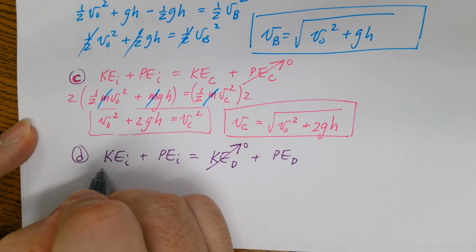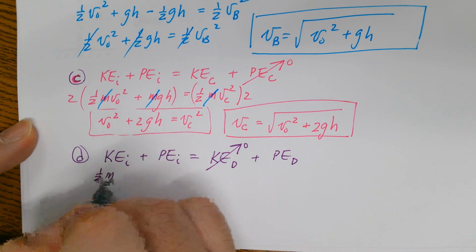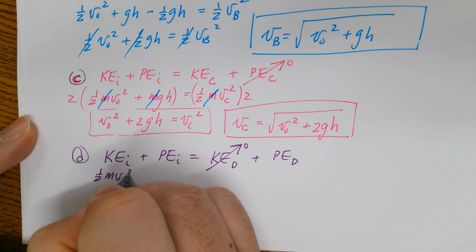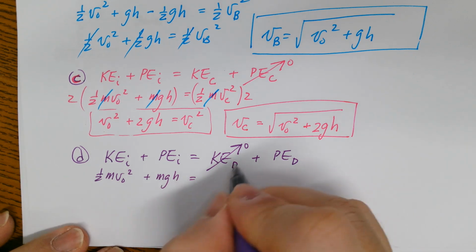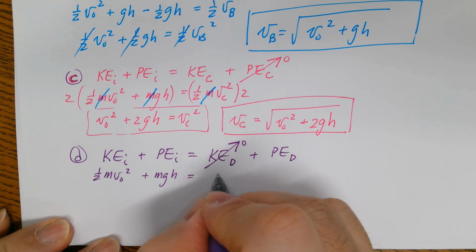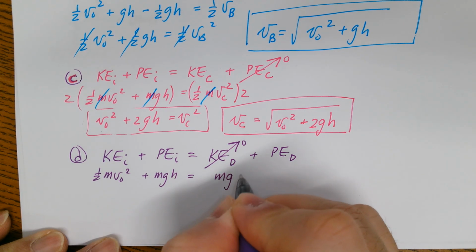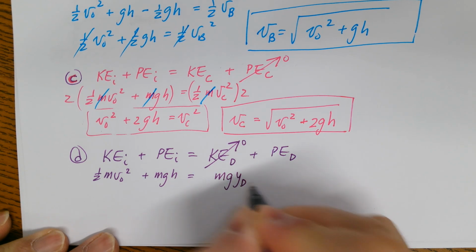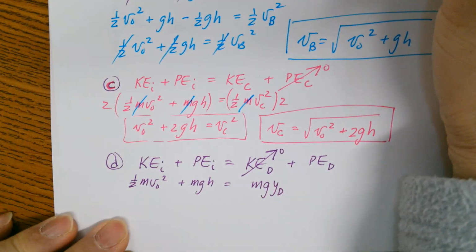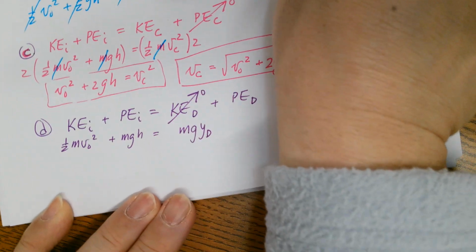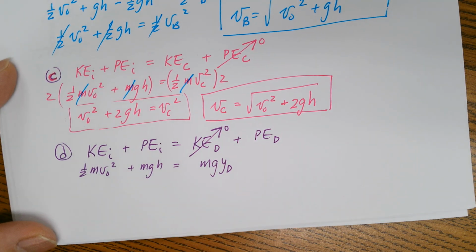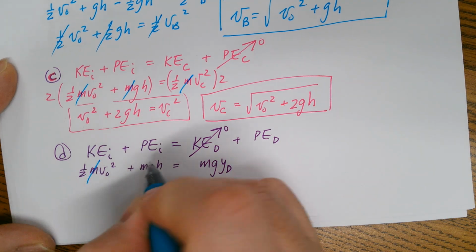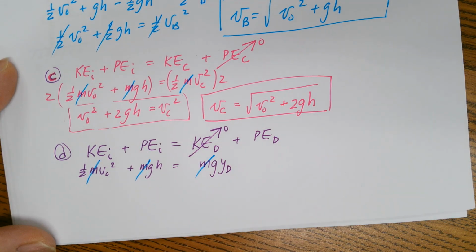So here, 1/2 m v naught squared plus mgh is equal to, this is 0, so this is mg y_D, right? Therefore, you can cancel out the masses again, right?